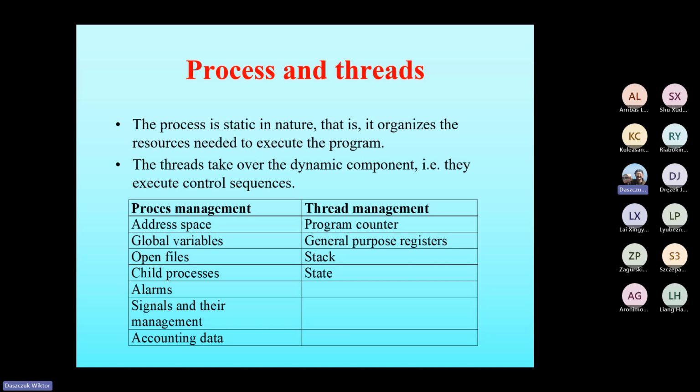Alarms, signals, and management of signals, and some accounting data, for example, some limit of time of execution. In thread management, we have registers, including the program counter. Every thread has its own program counter, so they run in parallel in the code. An own stack and own state. One thread can be suspended while another is running.